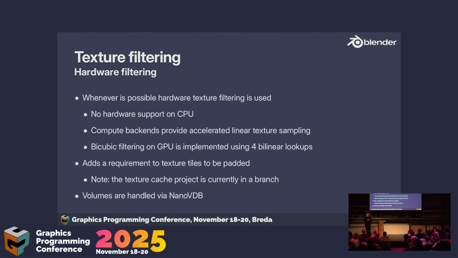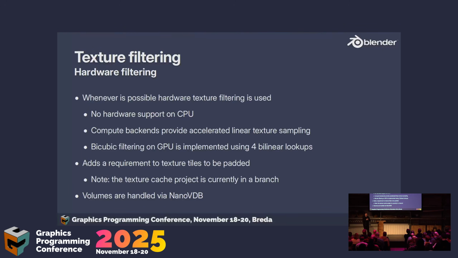But the compute backends like CUDA, oneAPI or HIP do support bilinear texture lookup optimized by the hardware. It's basically similar to your more traditional real-time engine shaders. The trick we use to support bicubic filtering on a GPU, and probably on a CPU as well, is to boil it down to 4 bilinear lookups and then do smart tricks with the weights.